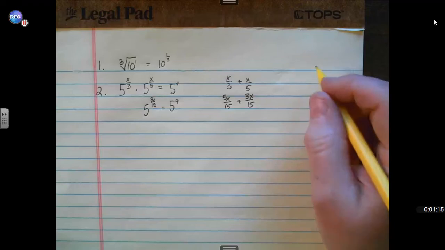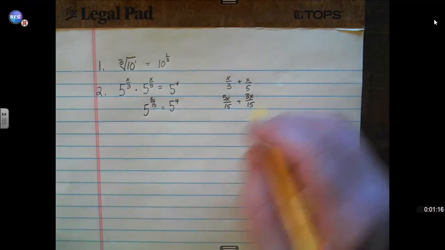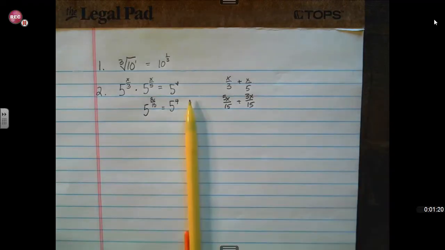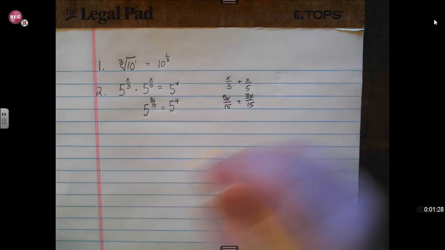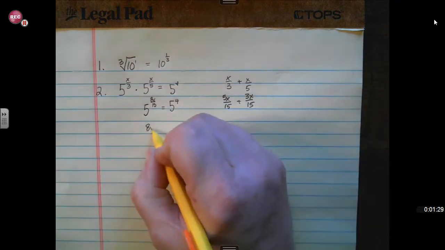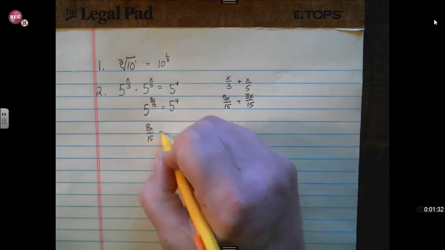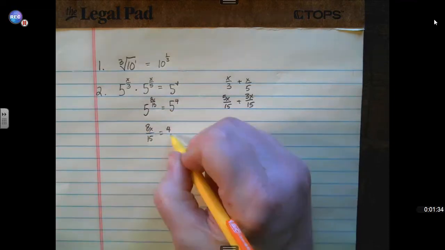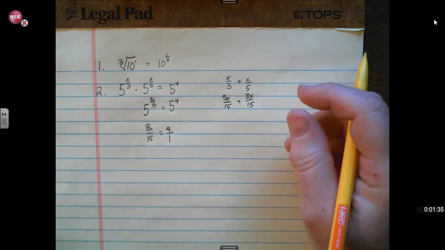And now I can set the exponents equal to each other. And so we get 8x over 15 equals 4. And I put that over 1, and then I cross multiply.